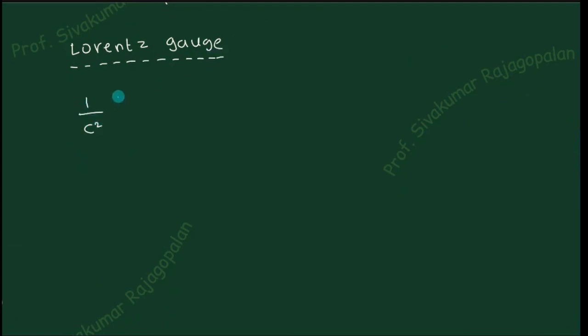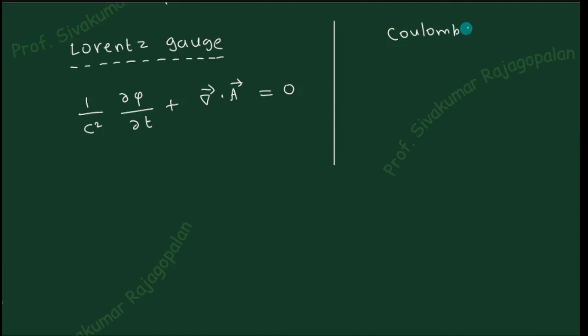You already know: 1 by c square into dou phi by dou t plus the divergence of the magnetic potential A is equal to 0. This is known as the Lorentz gauge condition. And for your reference, we will write down the Coulomb gauge condition: divergence of A is 0.